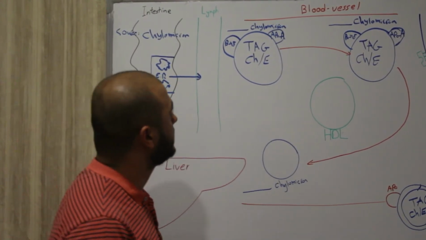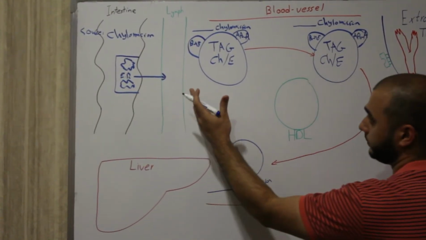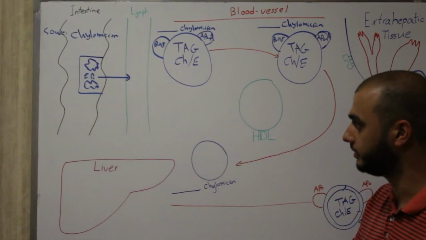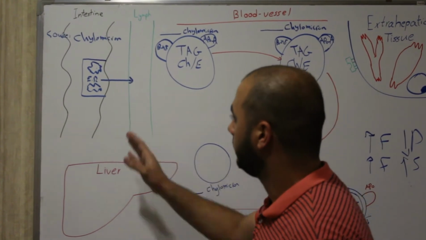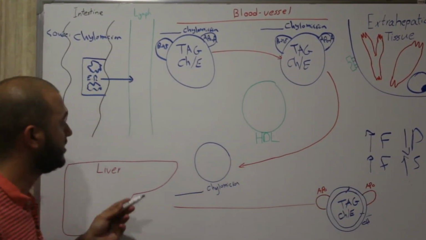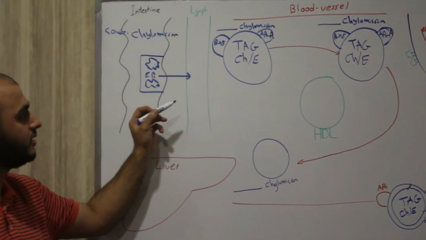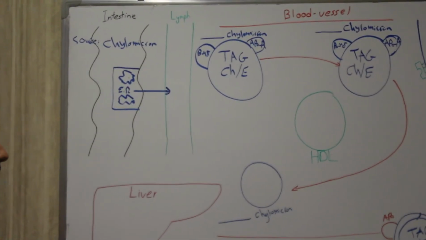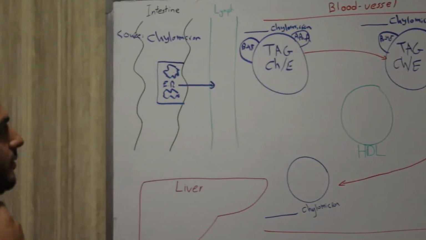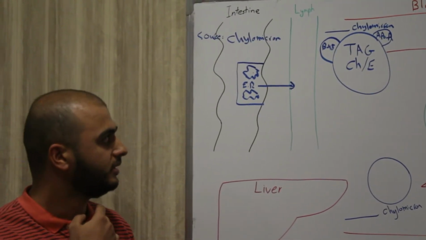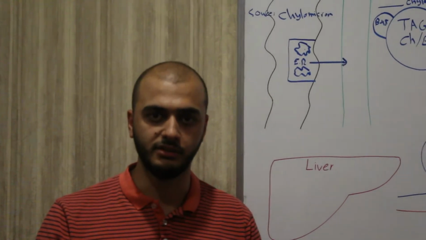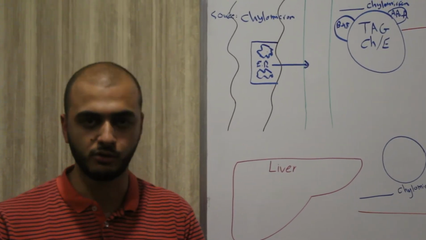Then chylomicron is pushed toward the lymphatic system. Do you know where the lymphatic drainage ends? The lymph ends at the venous angle, where the internal jugular vein fuses with the subclavian vein, forming the brachiocephalic vein.